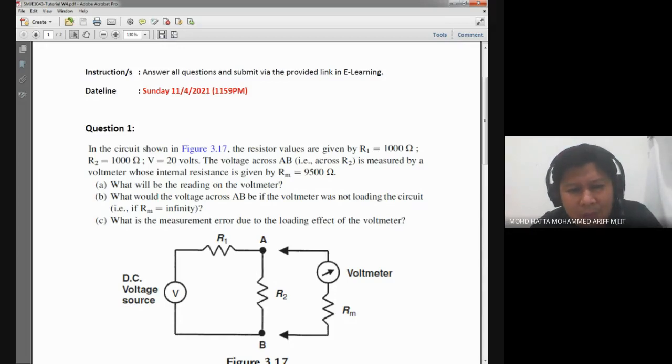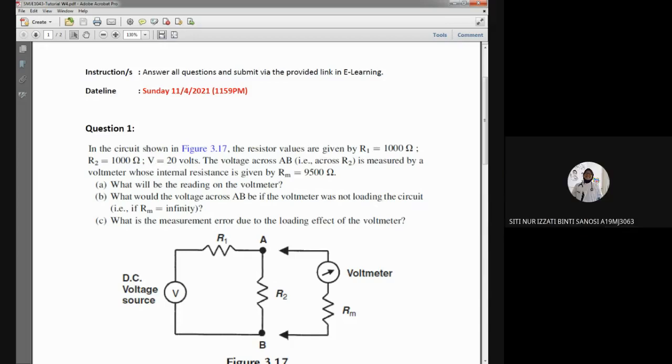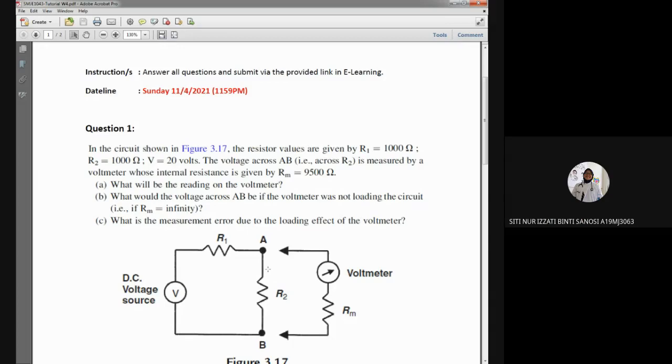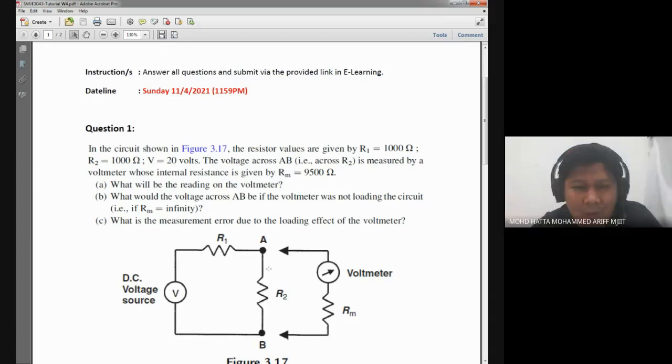Izzati, can you answer my preliminary question? If you want to calculate the voltage across R2 using the voltage divider rule, what is the voltage over here?